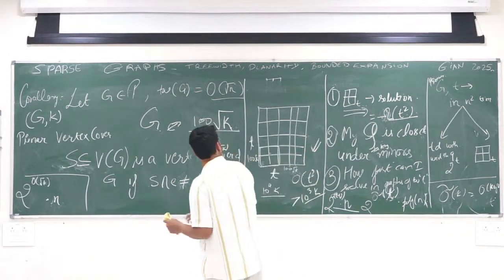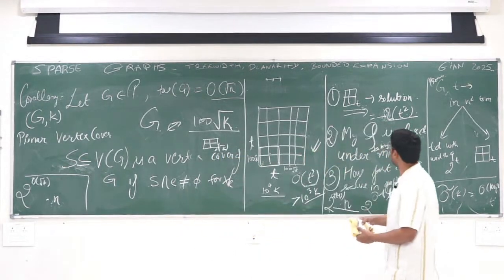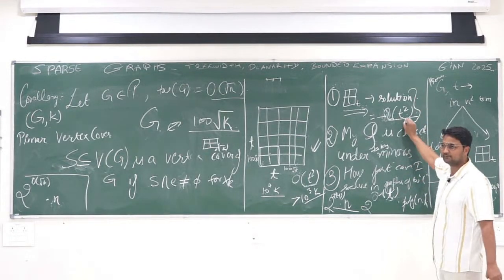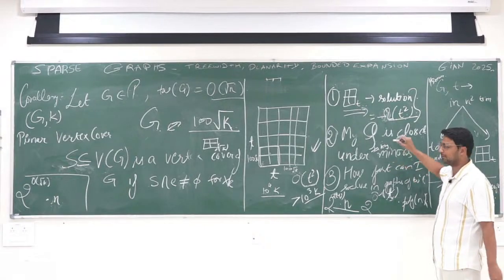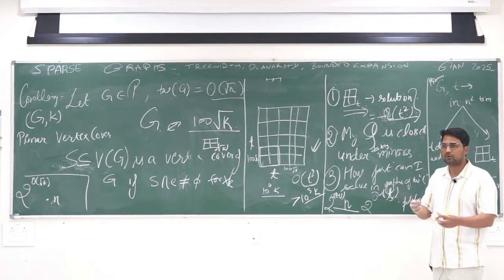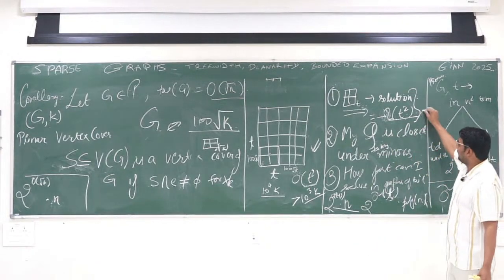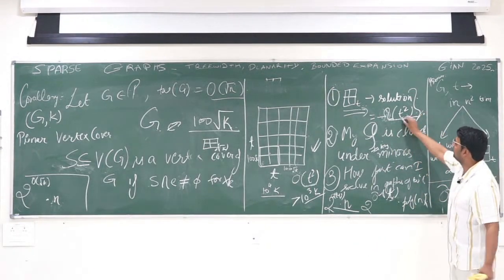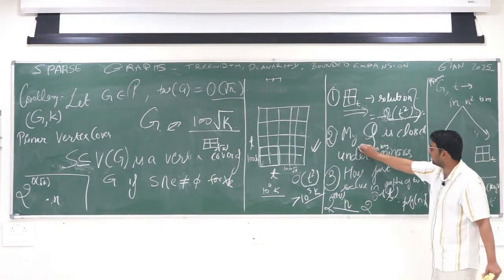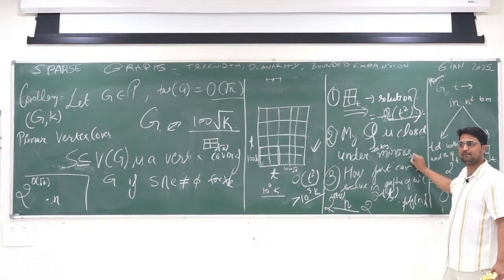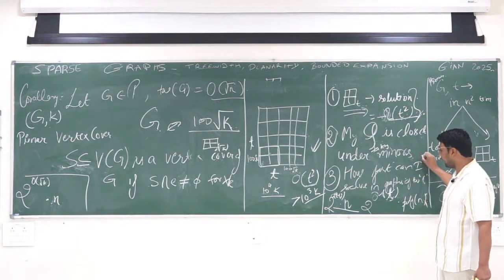So let's go again, we have 3 properties. One, I want my solution to be of size a function of the grid of size t. I want my solution to be large or small, depending on how I want to give the answer immediately. This should be a good bound, of the order t square. The second condition is that my problem is closed under taking minors. And the third thing is how fast I can solve it.